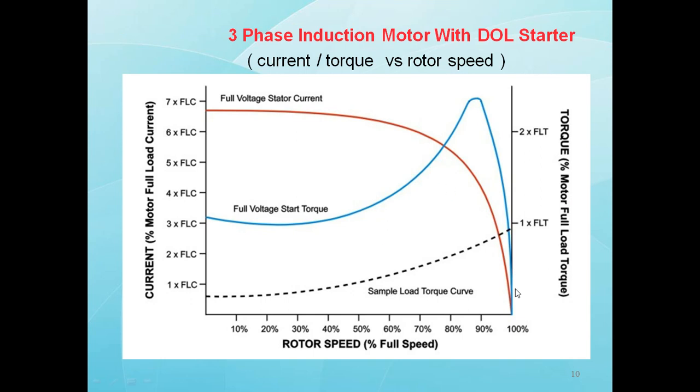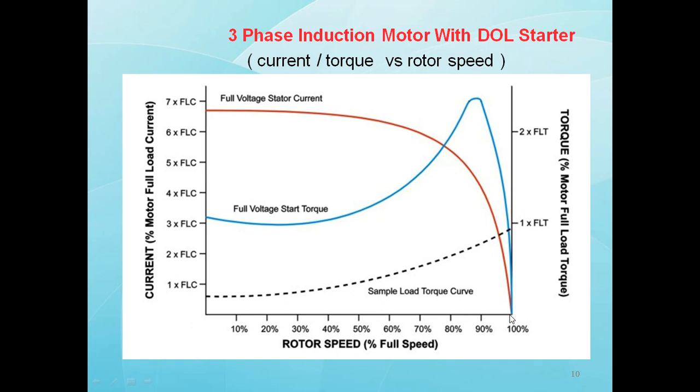So see here, when we connect the motor at the time of starting, the current is not starting at zero, it is starting like this. When the motor is at this point, the speed is zero. What is the current? Very high. See here, the current reduces gradually as the motor increases the speed.